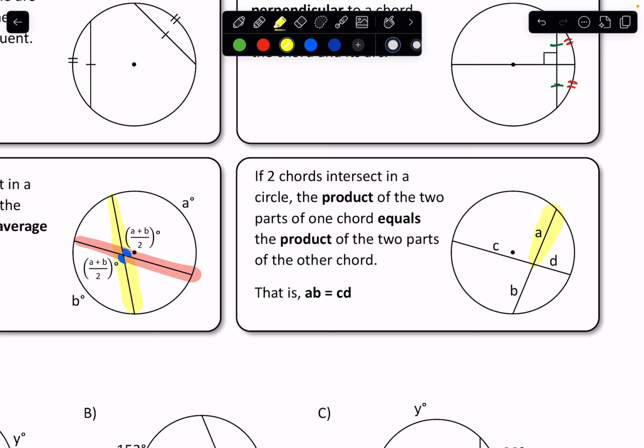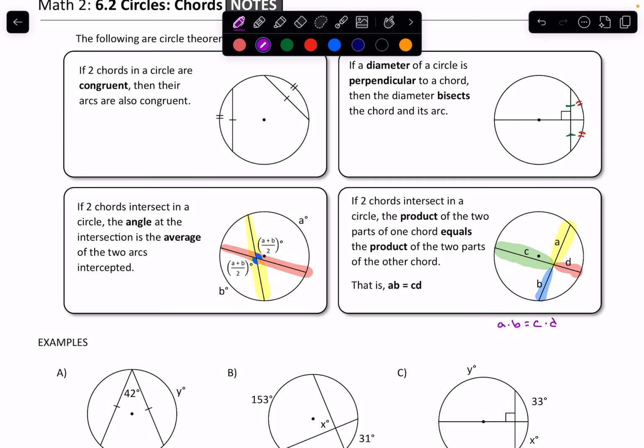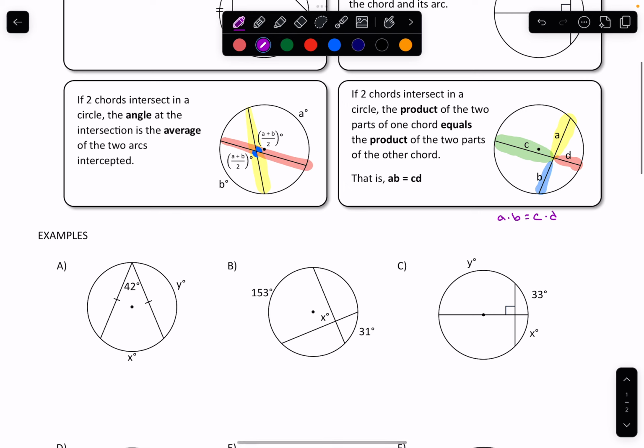This one is broken up into A and B. The other one is broken up into two parts, D and C. So what this rule tells us is that if I multiply the parts, A times B, that's going to equal C times D. All right, so let's use all of that and try to do some math problems.